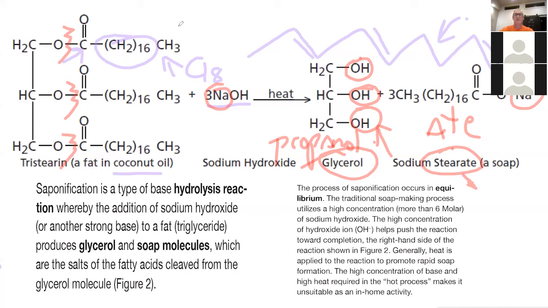Because I thought in the reaction, we were supposed to get an alcohol and an acid, right? But here we're getting an alcohol and a base. What's up with that? Why is that? Think about what one of the reactants is.